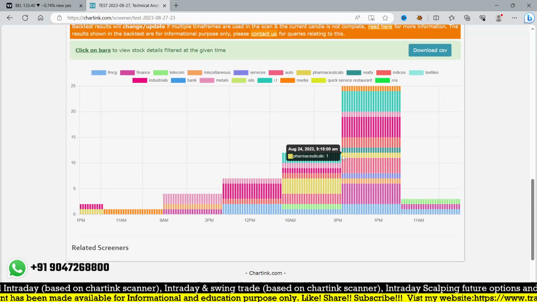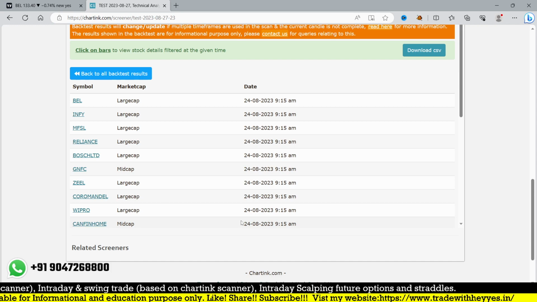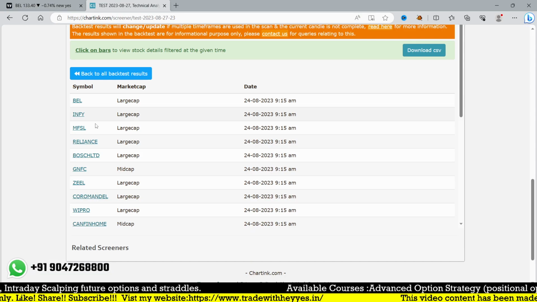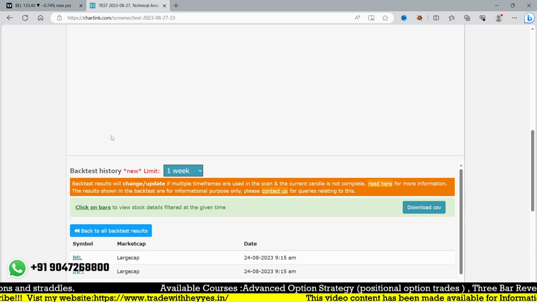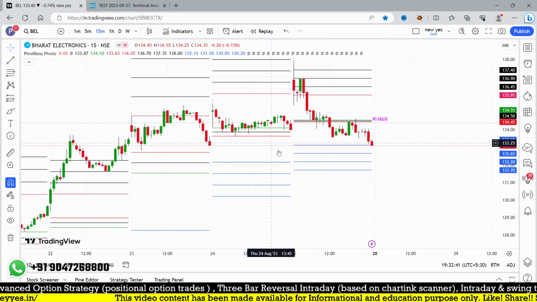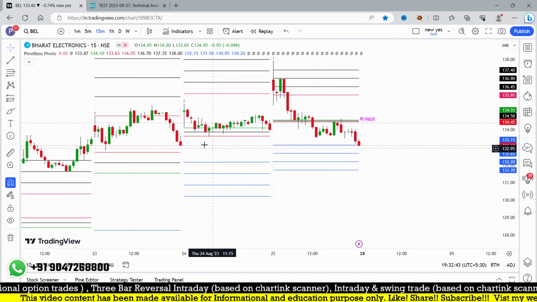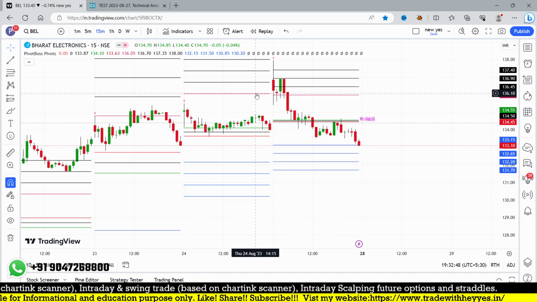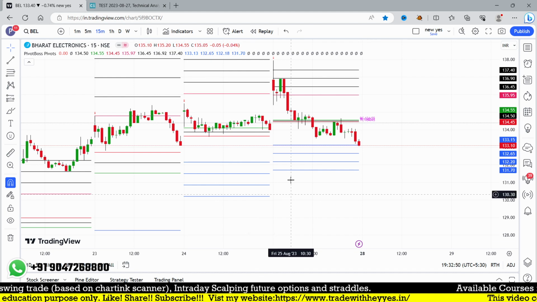Okay, if I save this, we will get the backtest. You can see yesterday a lot of stocks: BEL, Infosys, MFSL. Yesterday also BEL, large cap, the 24th. I think it is showing you wrong. The level yesterday is about 136.10.